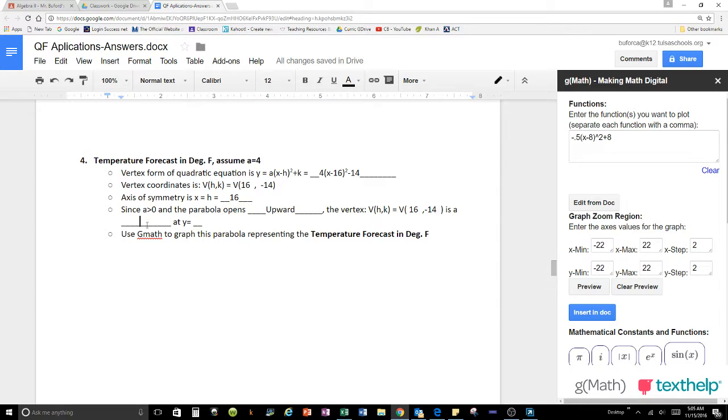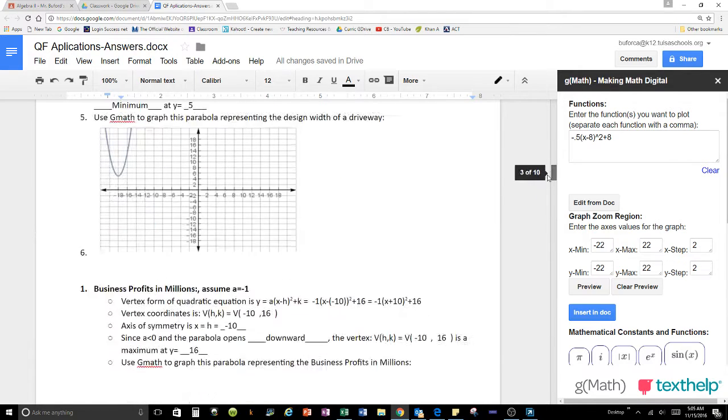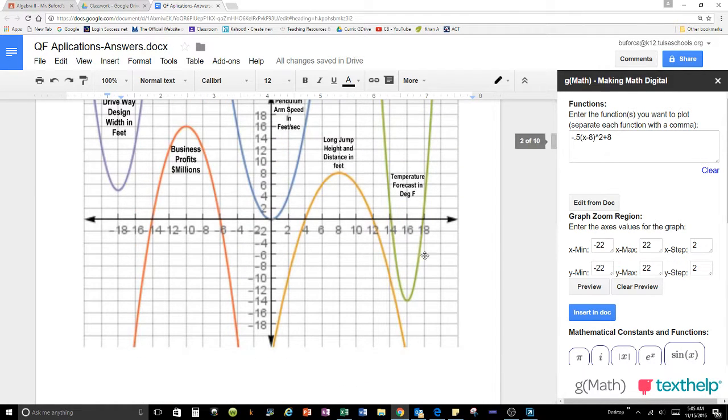And it is a minimum because a is greater than 0, and the parabola is opening upward, and it happens at y equals minus 14. That vertex, that minimum is at y equals minus 14, as you can see. At y equals minus 14, the parabola is a minimum because it's at the bottom of the parabola.